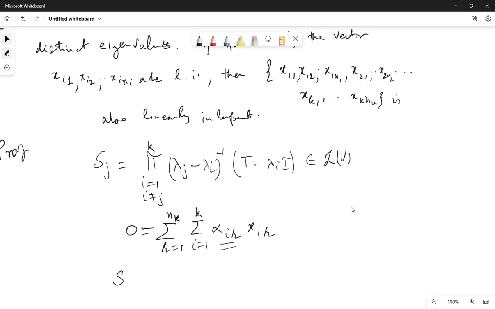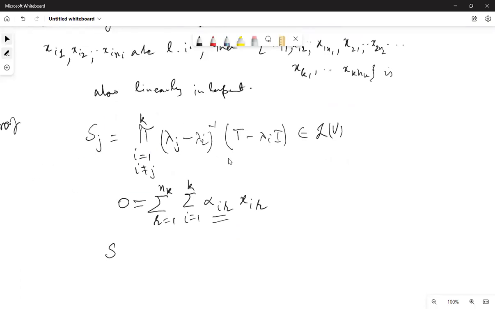You just choose this Sj and apply this Sj on this. Since this is a 0 vector, when you apply Sj on that, this would lead to 0.